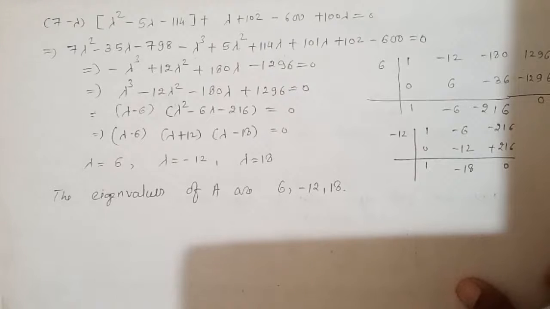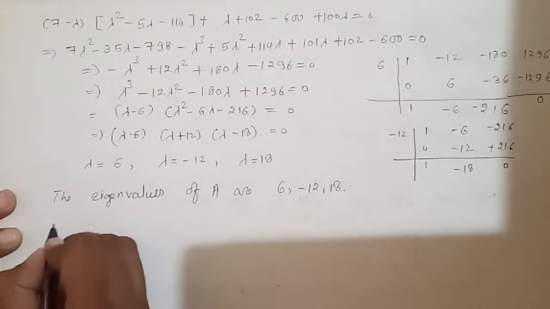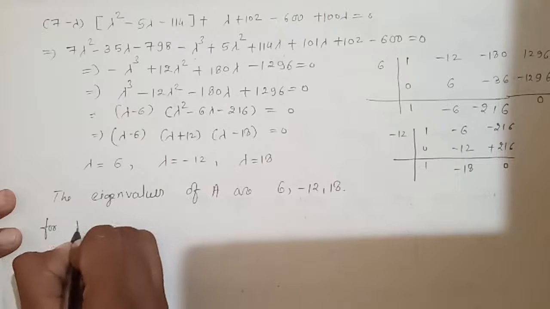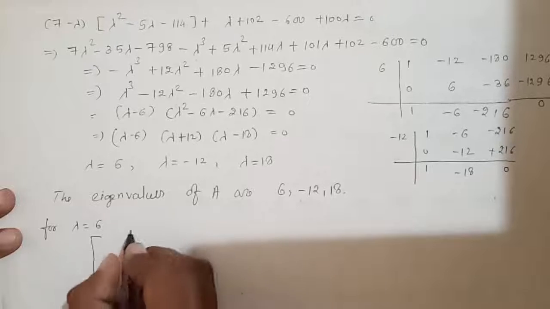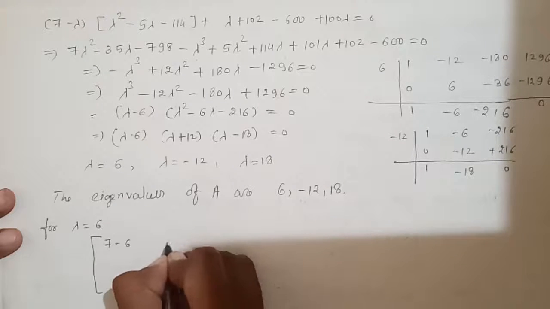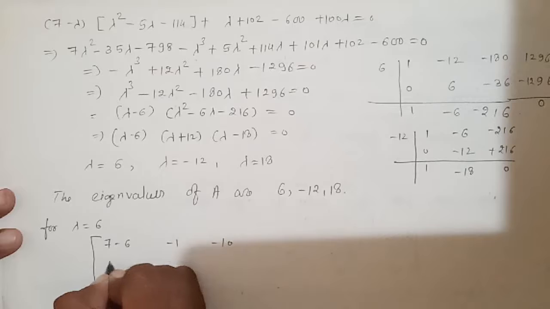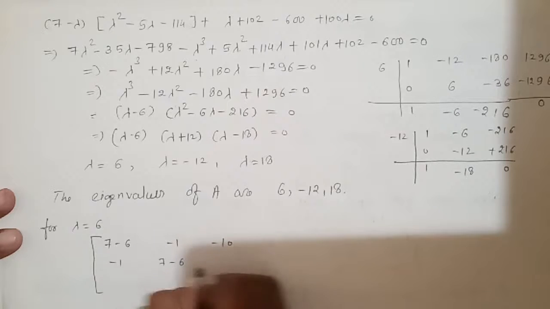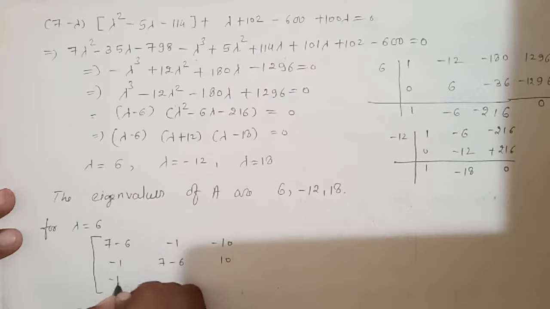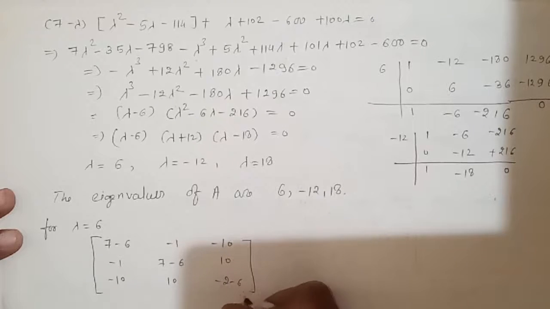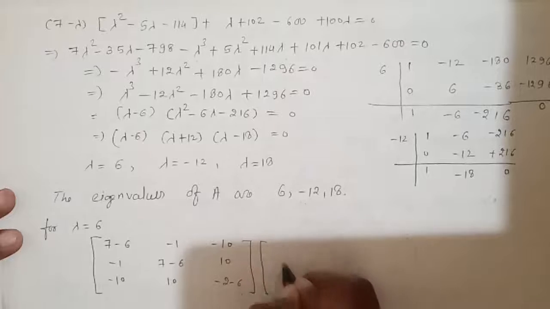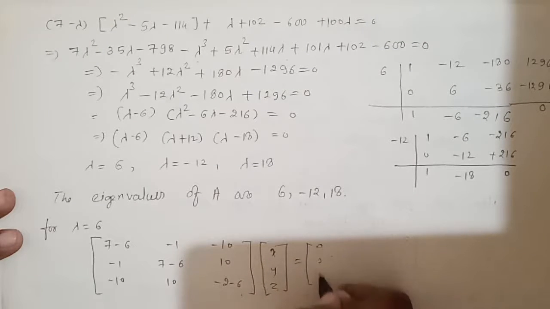Now we have to calculate the eigenvector corresponding to these eigenvalues. So for the first one, lambda is equal to 6: 7 minus 6, minus 1, minus 10; minus 1, 7 minus 6, 10; minus 10, 10, minus 2 minus 6, times x, y, z is equal to 0, 0, 0.